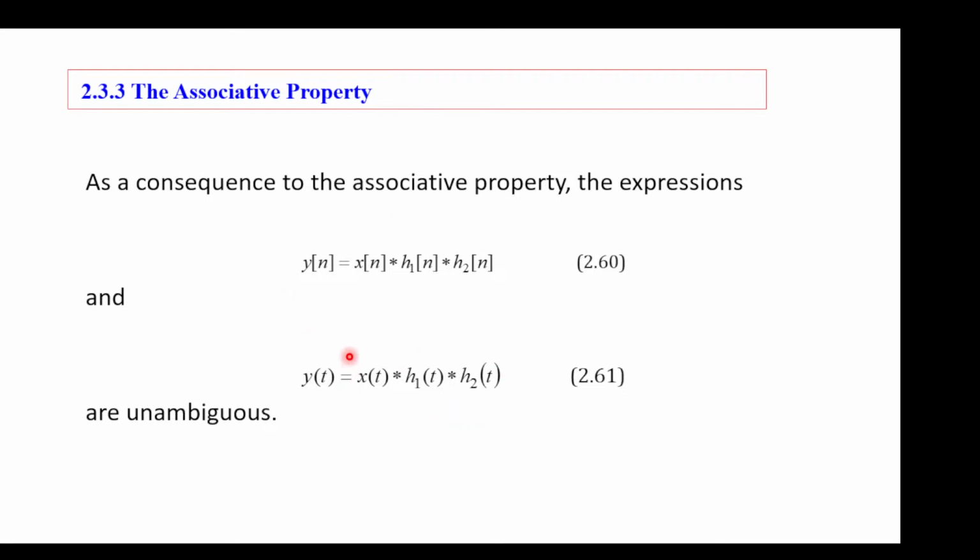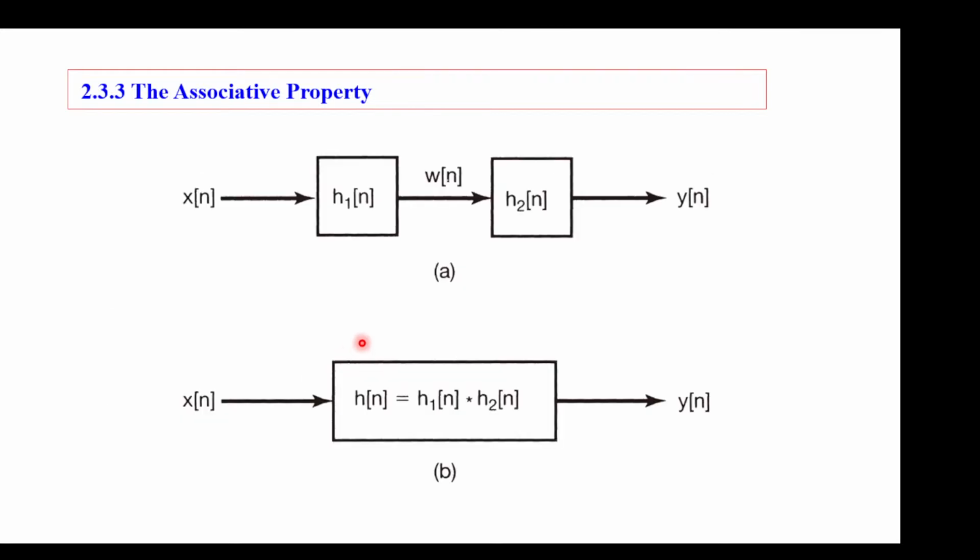Okay. So once again, let's finish the associative property. One thing you can do is think about this serial interconnection of systems. You have x of n going through some h1 to become w of n, and going through some h2 to become y of n. So y of n will be x convolved with h1, then convolved with h2.